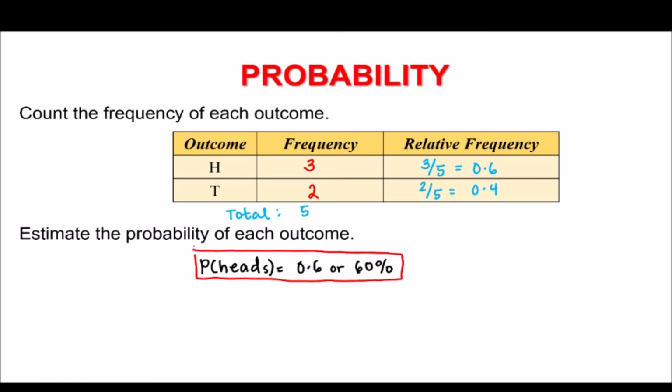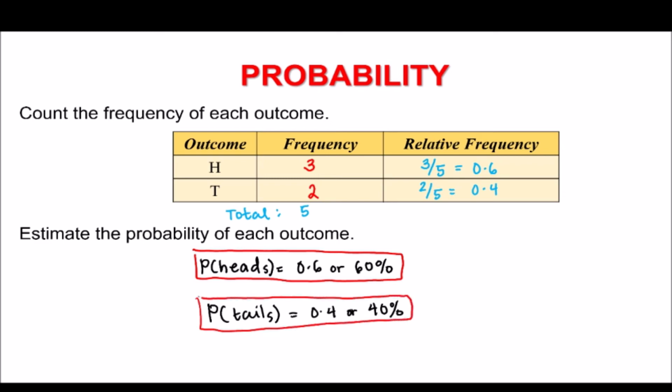And the probability that the coin will land on tails is 0.4, or 40%. So that's how you calculate the experimental probability of a particular outcome.